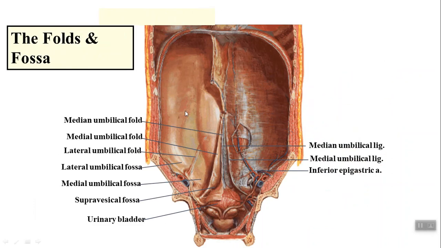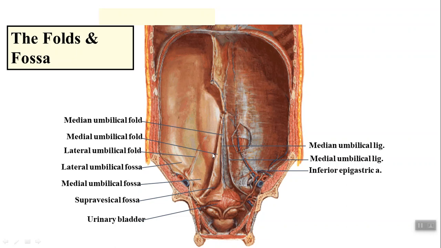Here again we see the median umbilical fold, the medial umbilical fold and the lateral umbilical fold. The lateral umbilical fold is formed by the epigastric vessels originating from the external iliac vessel, and the median umbilical fold is formed by a remnant of the urachus that has a connection with the urinary bladder.